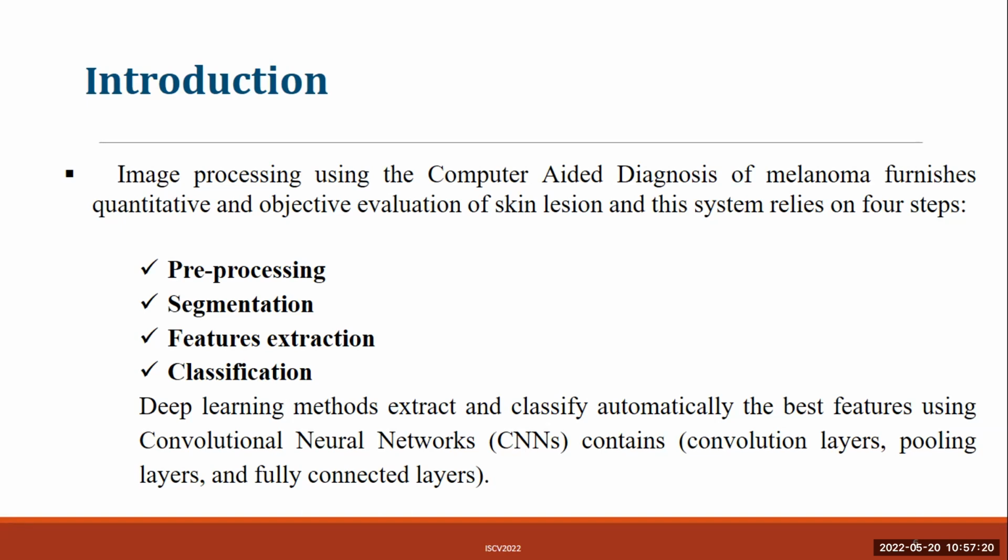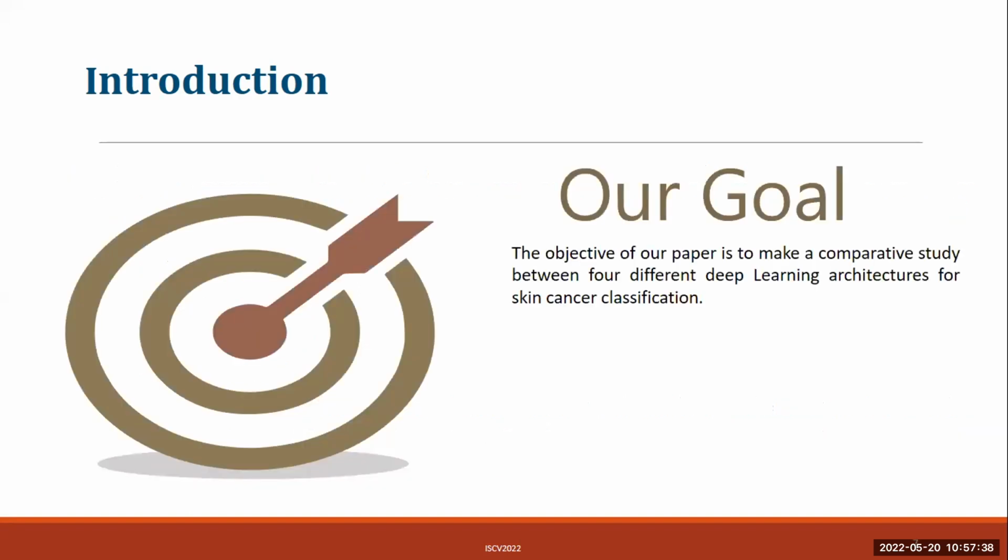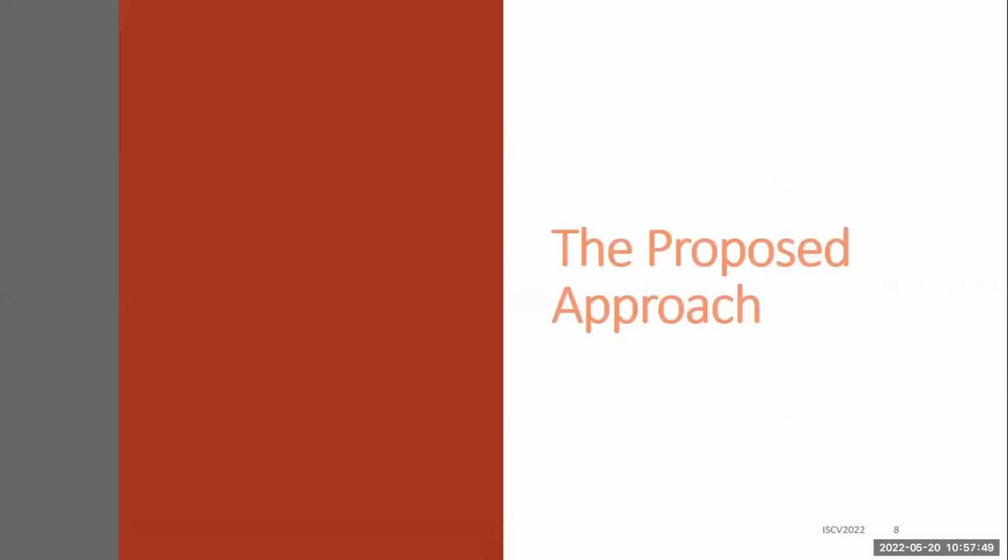Or we can use a deep learning method that can extract and classify skin cancer automatically using a convolutional neural network that contains convolutional layers, pooling layers, and at the end, fully connected layers. So our goal is to make a comparative study between four different deep learning architectures for skin cancer classification.